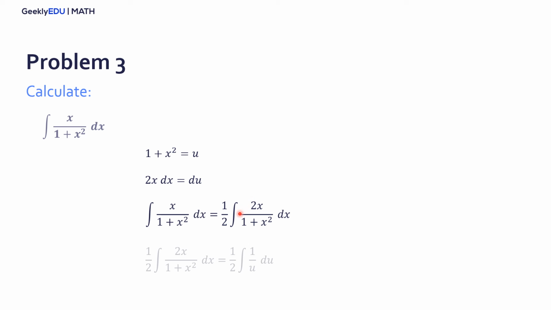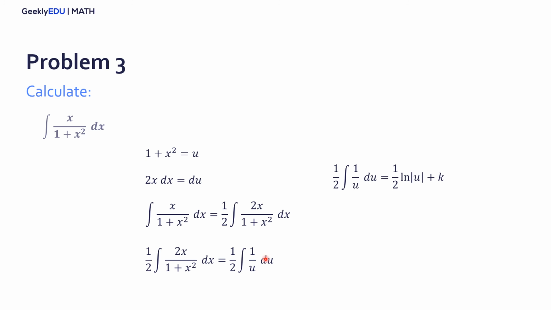So now we have 1 plus x squared, which is u, and also 2x dx, and this is du. So this integral here becomes half of the integral of 1 over u du. And this integral is pretty easy also.